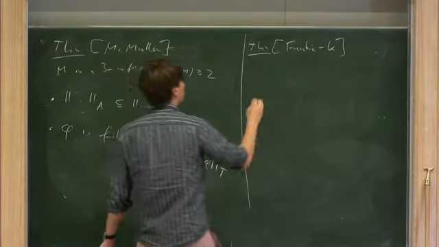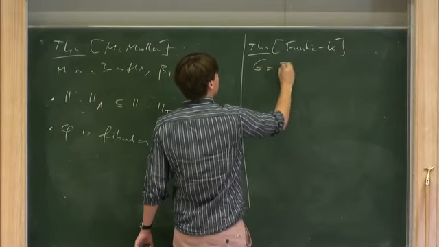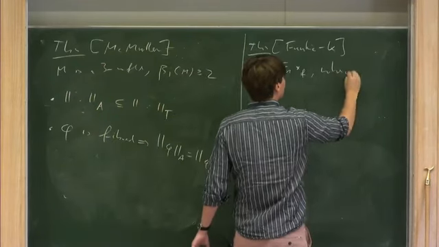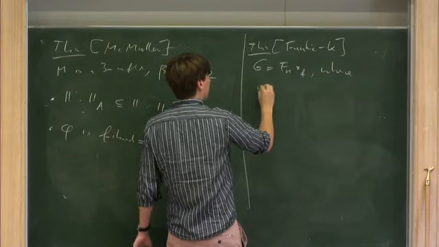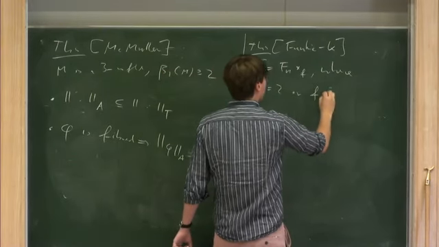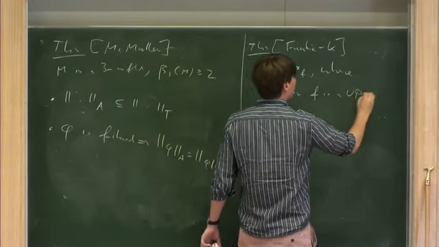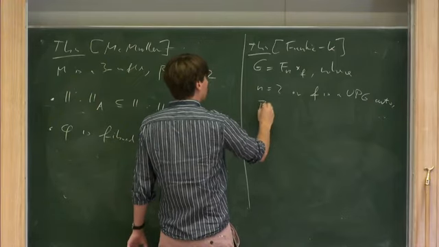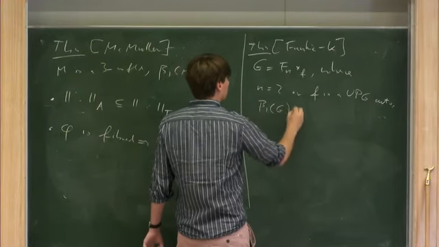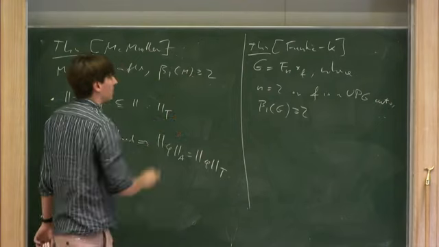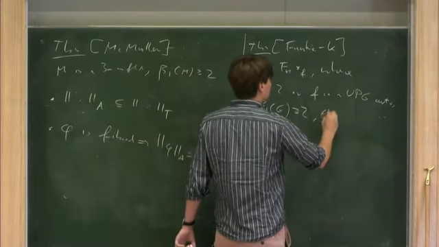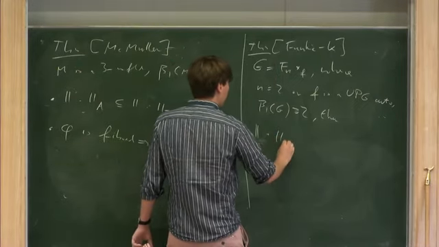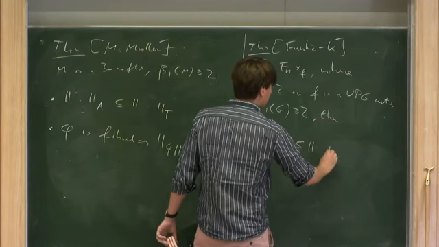We prove that if we take an ascending HNN extension of F_n, where n is 2, or f is a unipotent polynomially growing automorphism, and the Betti number of G is at least 2, so this is just the same assumption as here, then the Alexander norm is a lower bound for the Thurston norm.